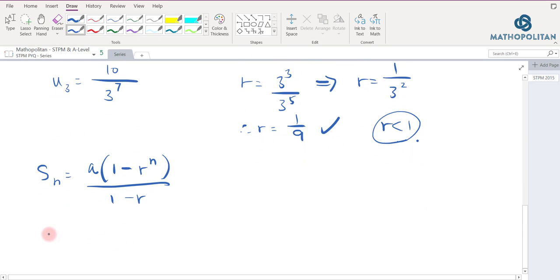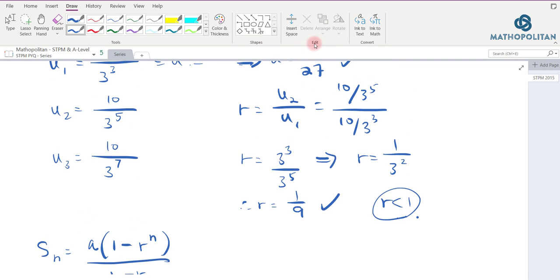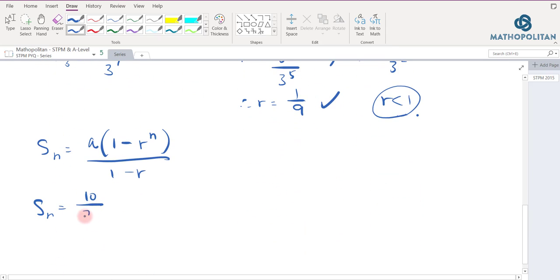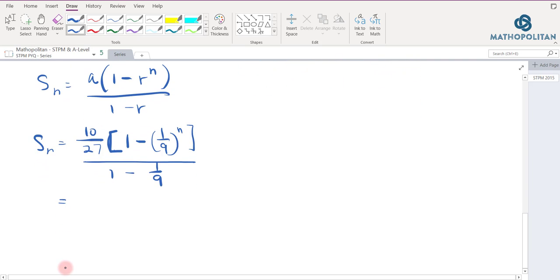So the sum of the first n terms is 10 over 27, times the bracket 1 minus 1 over 9 to the power of n, divided by 1 minus 1 over 9. For the denominator, 1 minus 1 over 9 is 8 over 9.